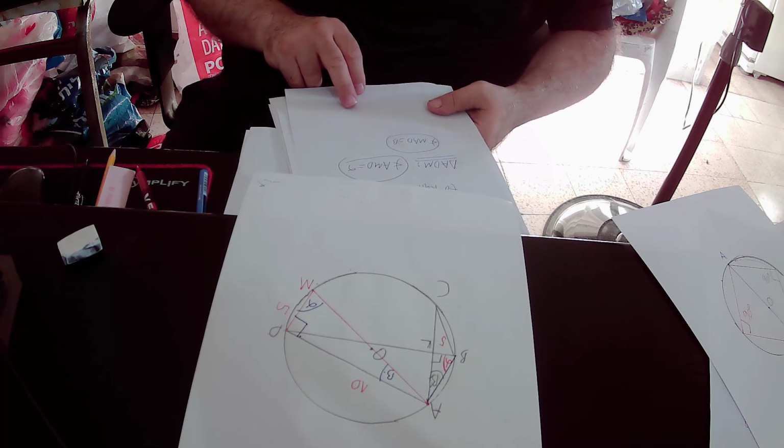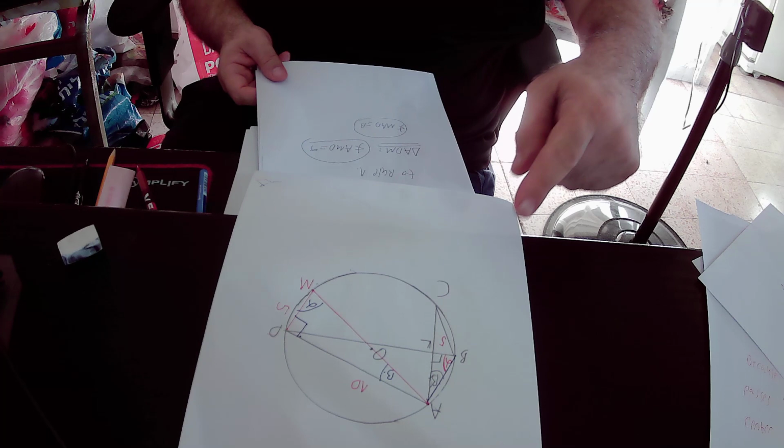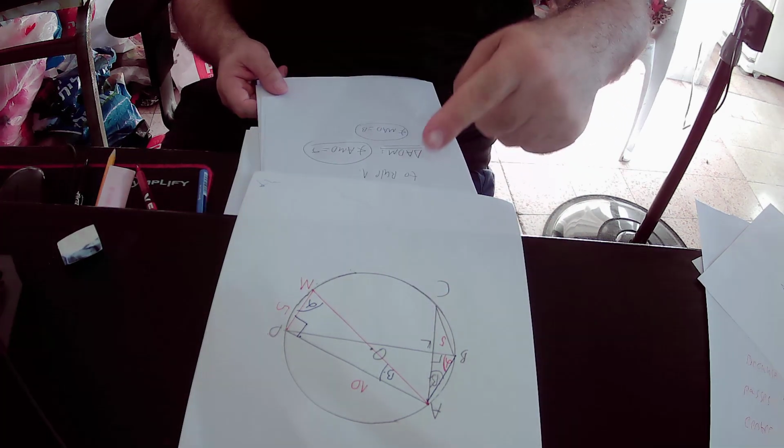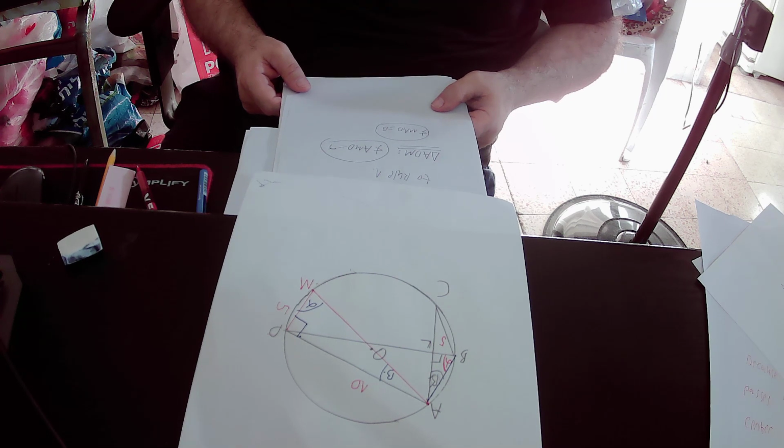So in the right triangle AMD, the sum of its angles equals 180 degrees.